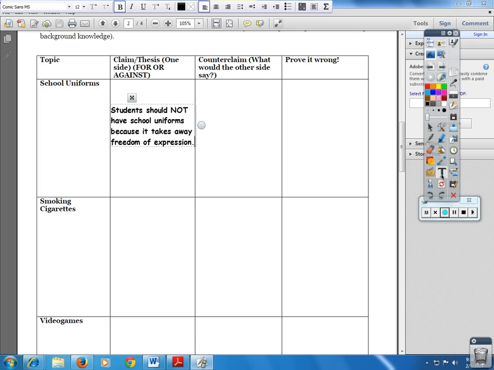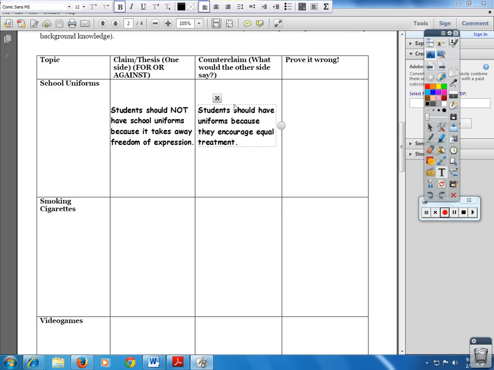Okay? What would the opposite side say? Okay? Students should have uniforms because they encourage equal treatment.